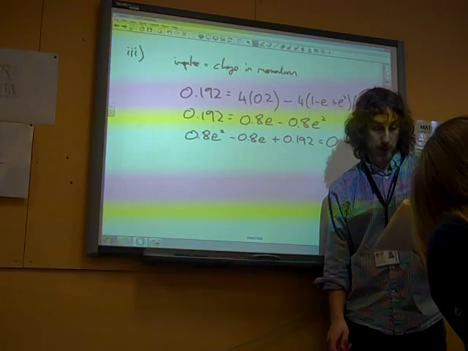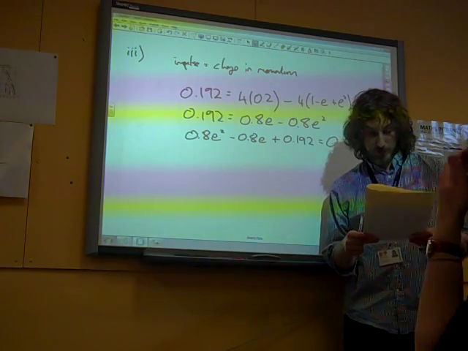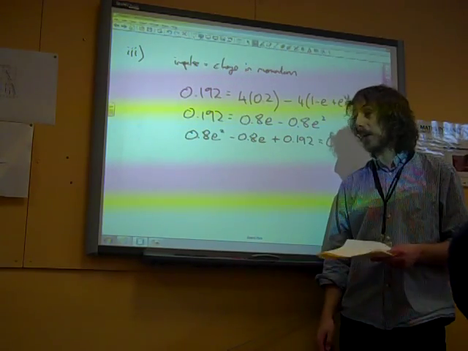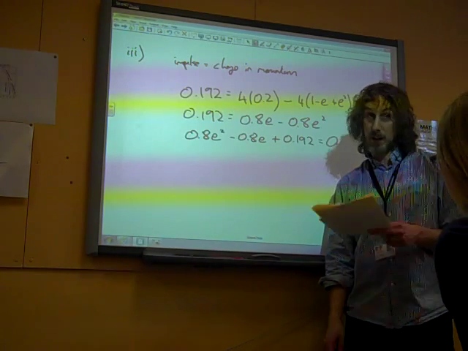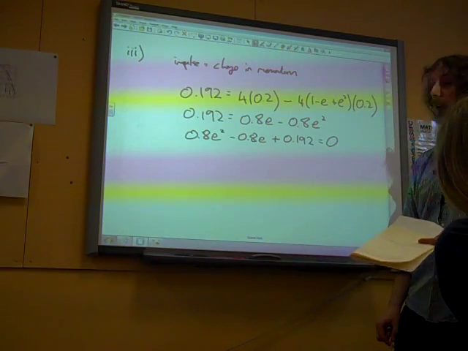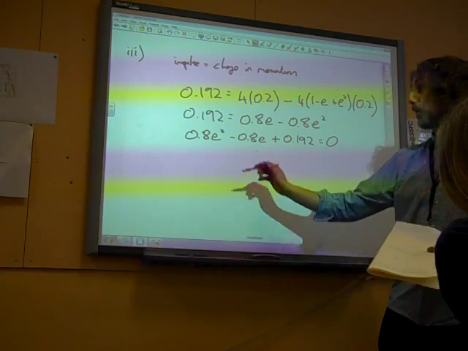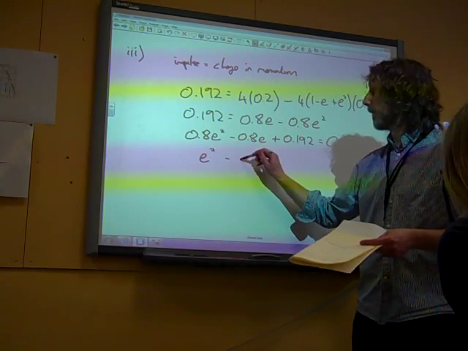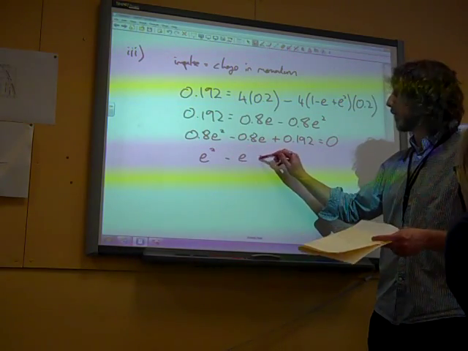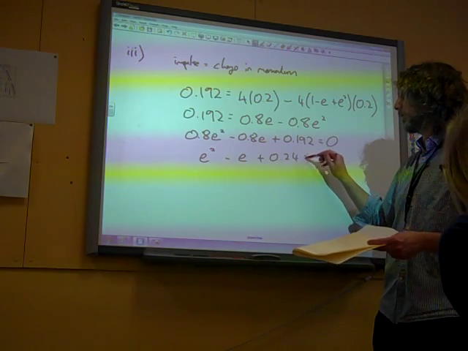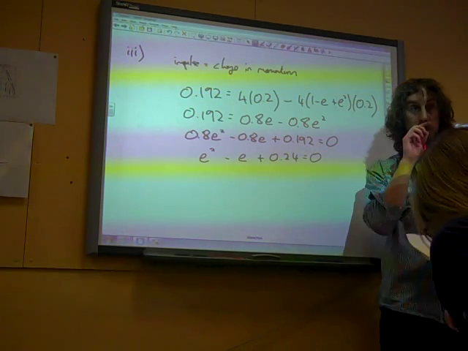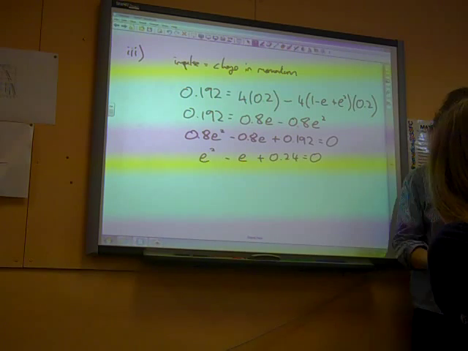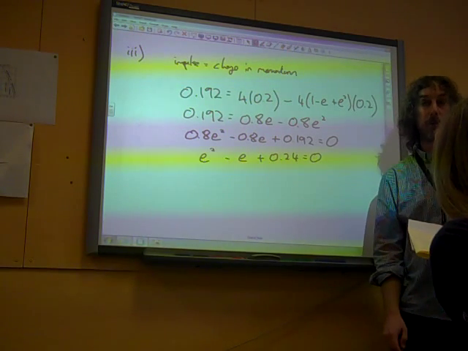Those of you who don't have calculators that are up to that need to come up with a strategy for dealing with this. If we divide through by 0.8, for example, you get E squared minus E plus 0.24 equals 0. At which point you might feel that you could do something with this.